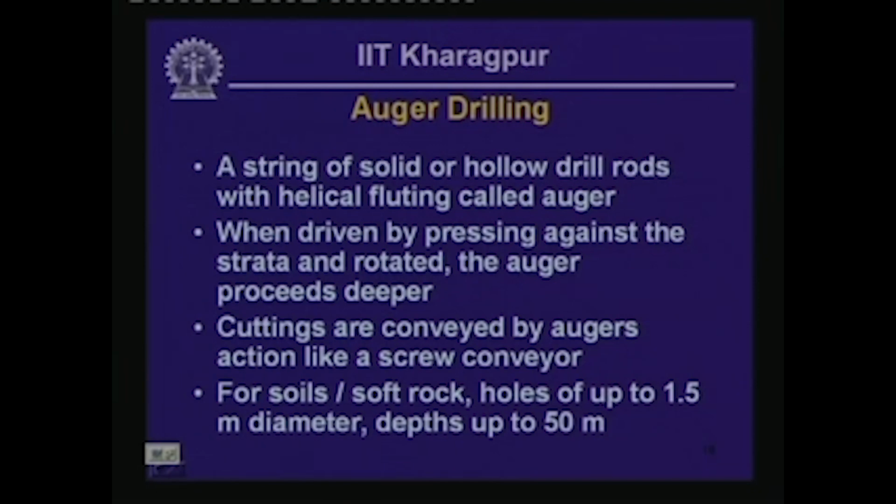And what is done, these augers are kept pressed against the bottom of the stratum, and they are rotated by mechanical means, such as by using a hydraulic motor, and as a result the auger proceeds deeper, and the soil cuttings that collect on the flutings of the screw like augers are conveyed to the surface.